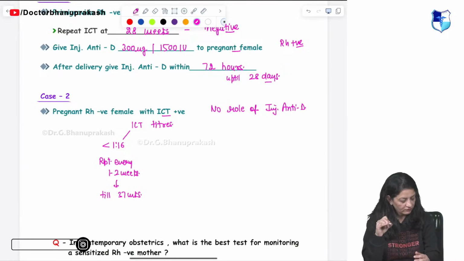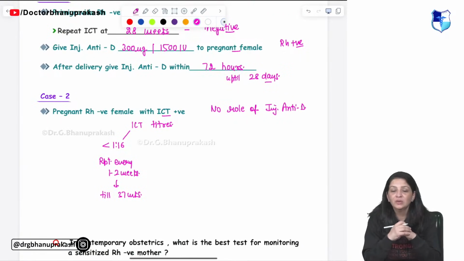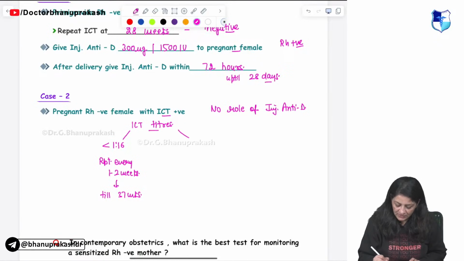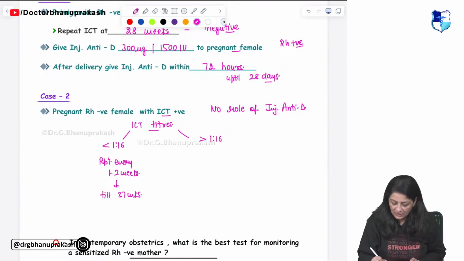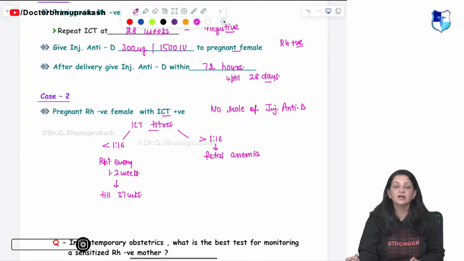After 37 weeks, delivery. If we have to give anti-D before 12 weeks of pregnancy, the dose is 50 microgram. After 12 weeks of pregnancy, 300 micrograms. Again, if ICT titers are more than 1:16, it means there is fetal anemia, meaning there is severe hemolysis.